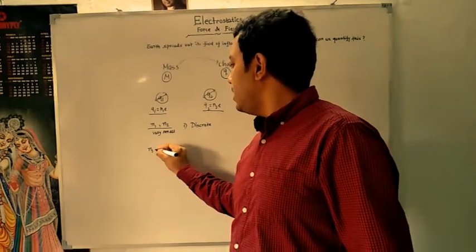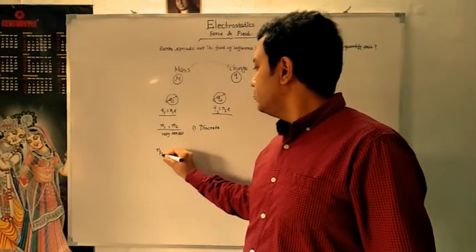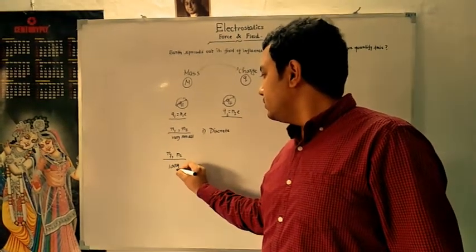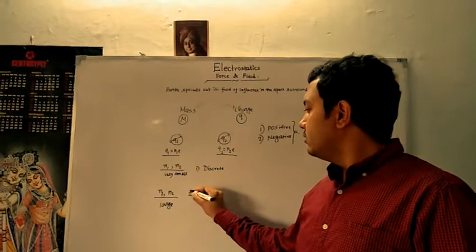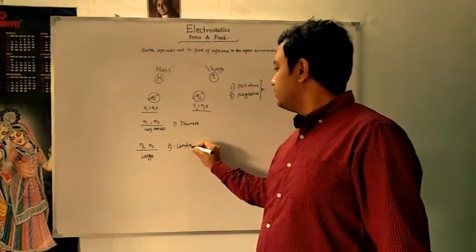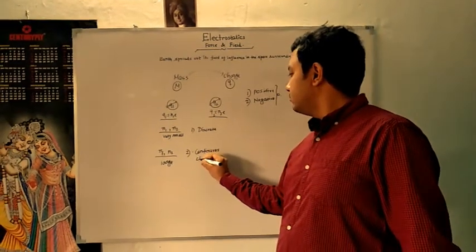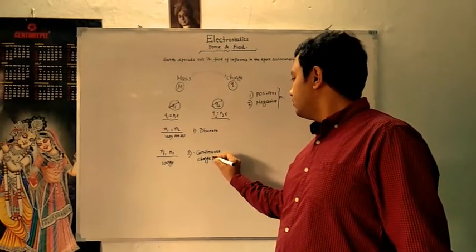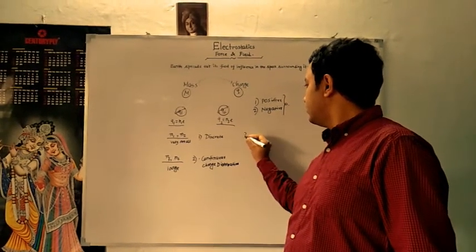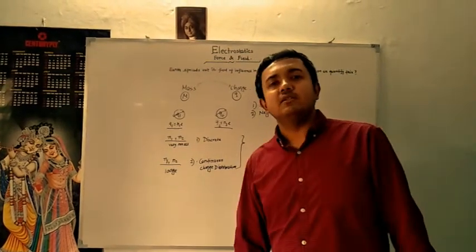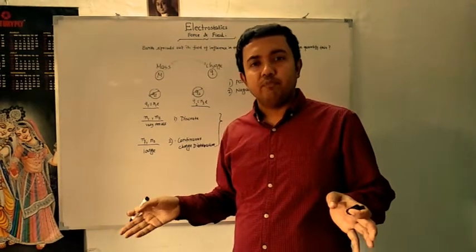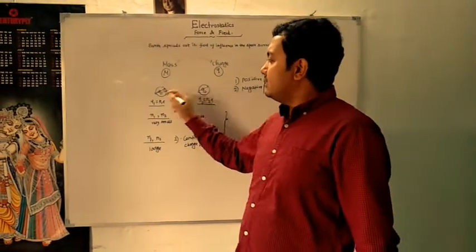Then we can consider the charge distribution as a discrete charge distribution. But if N1 and N2 are not very small but large quantities, then we call the system a continuous charge distribution. For these two types of charge distribution, we have to calculate the force as well as the field in different ways. So now, first we consider the discrete system.